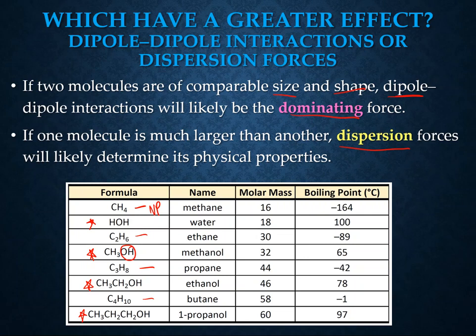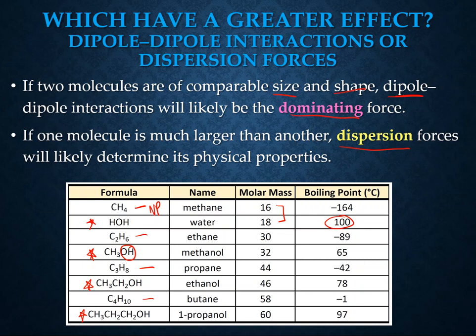Now they also have OH bonds, which contribute to hydrogen bonding, which we're going to talk about in a minute. So they not only have London dispersion forces, they also have dipole-dipole forces and hydrogen bonding. But if you compare the ones of comparable size, like methane and water, which one has the higher boiling point?